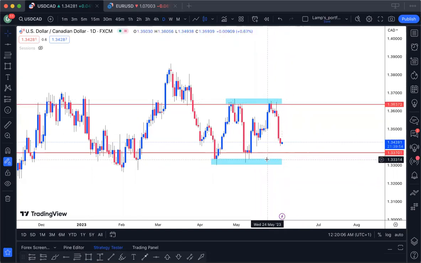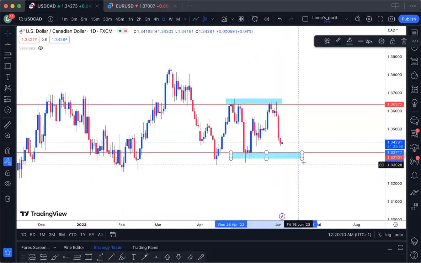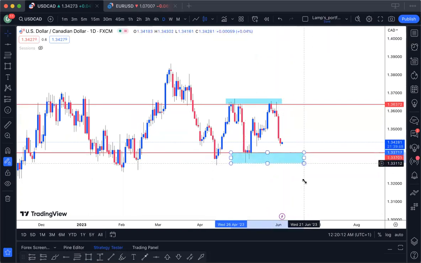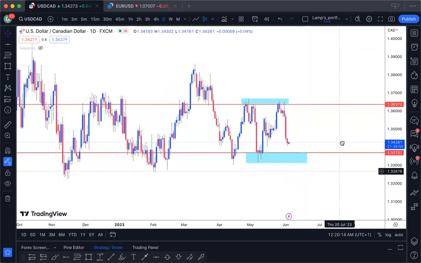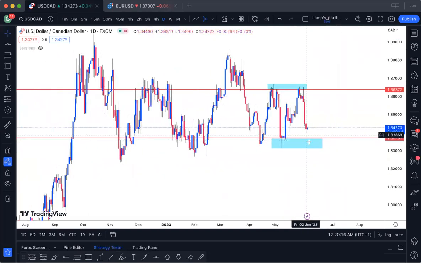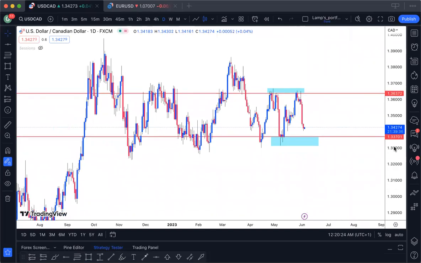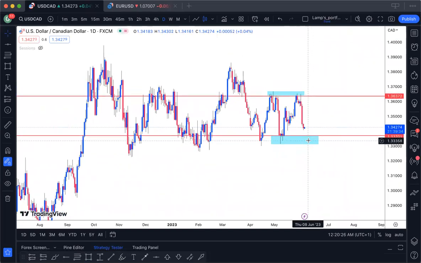As the week started, this now becomes our major zone. Like I said, make sure you find your setup inside the zone. Anything outside is high risk. When you get it in a zone, you are safe.